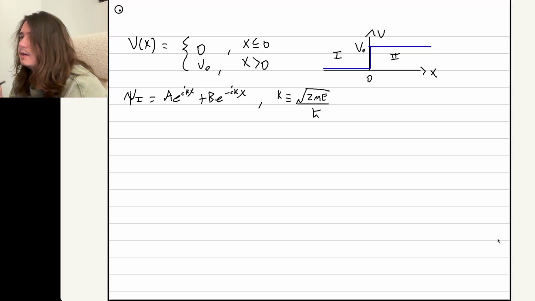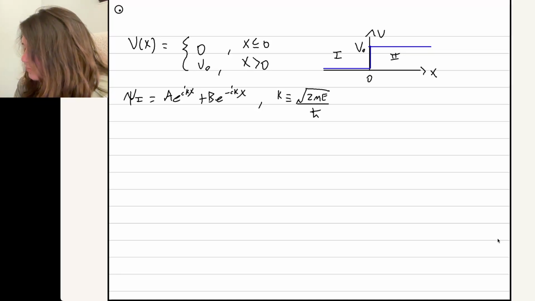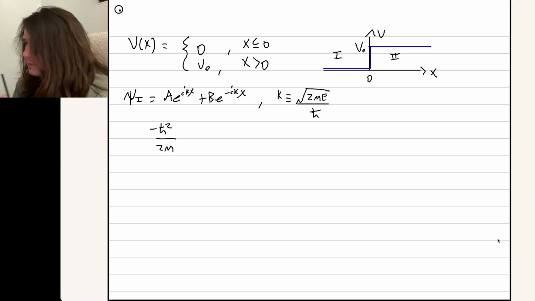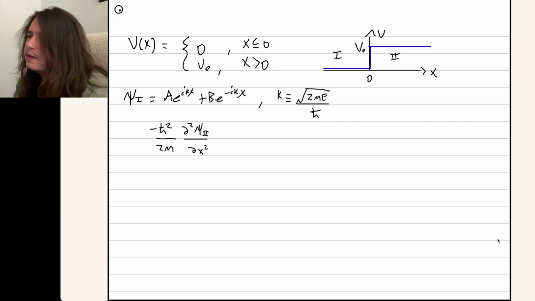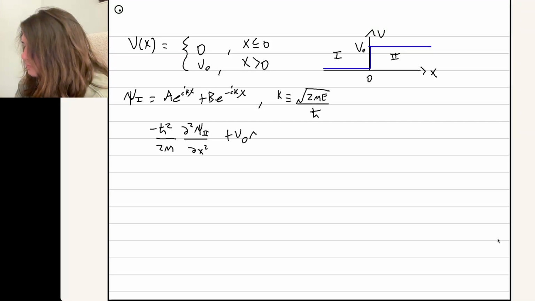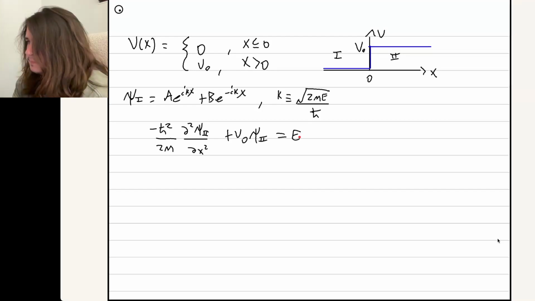Okay. The next thing we need to do is write the Schrodinger equation in the second region. Minus h bar squared over 2m d squared psi 2 over dx squared plus V naught psi 2 equals E psi 2.